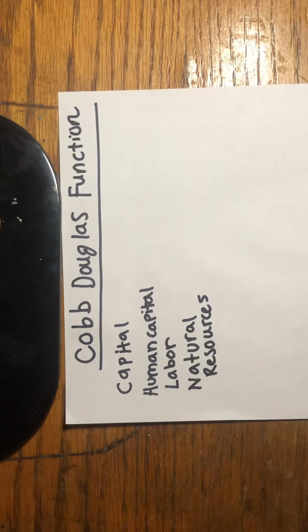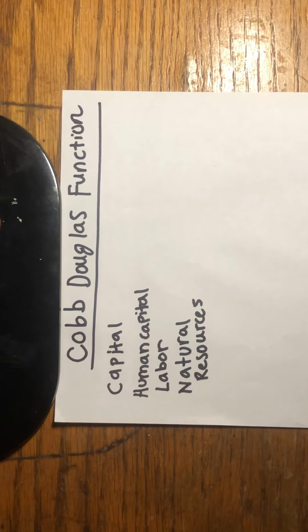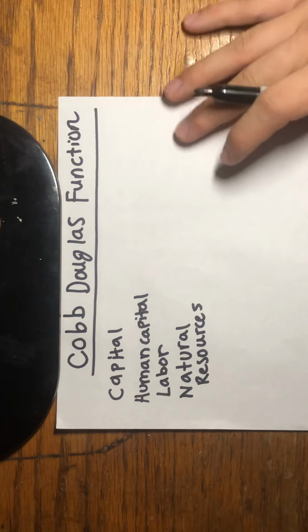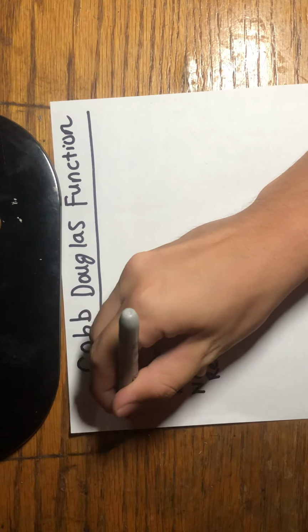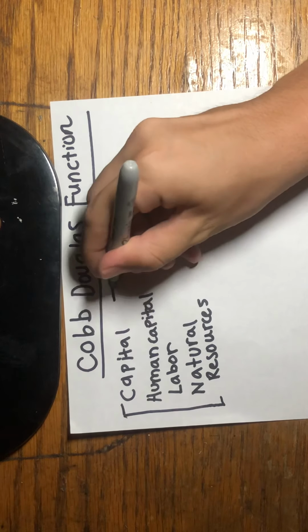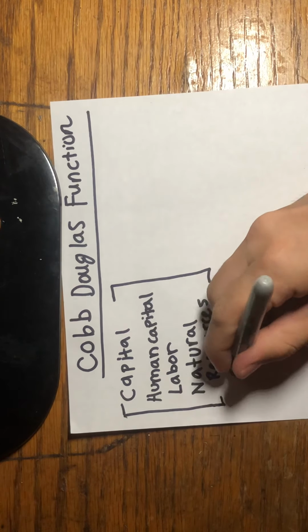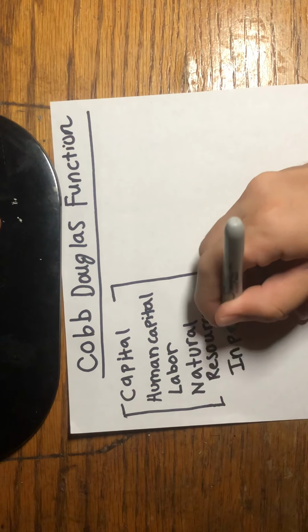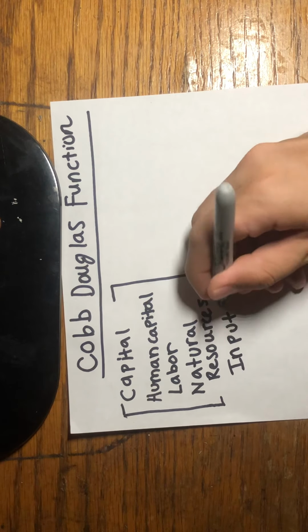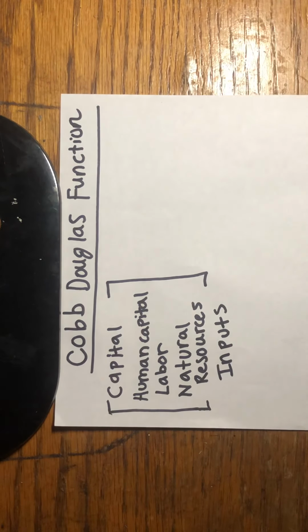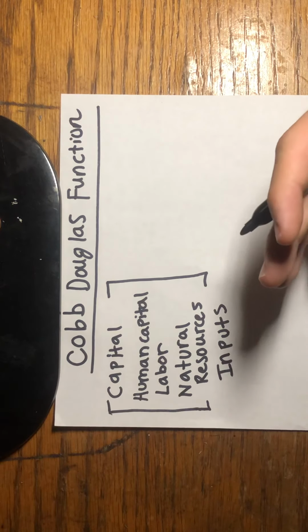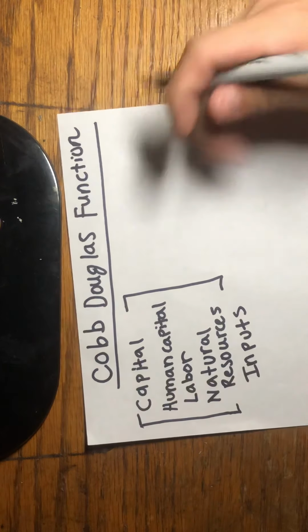Listing just several of these things, there's other sources of capital. There's education, which is part of human capital. There's also knowledge, which also falls under human capital. But generally, all these things are classified under something we call inputs. So inputs are generally, as they suggest, things that we enter into our production function to generate output.